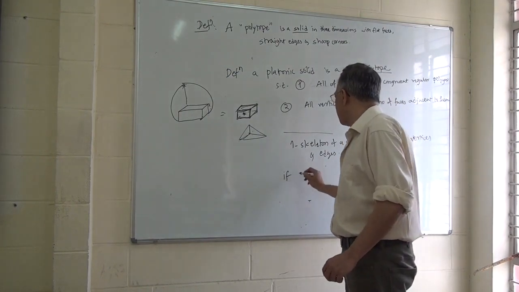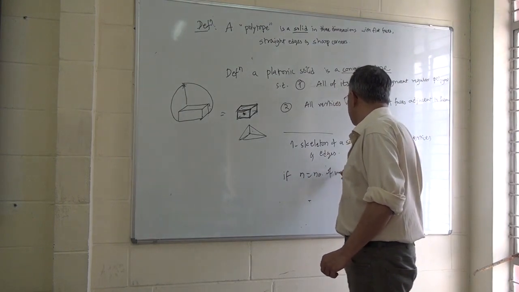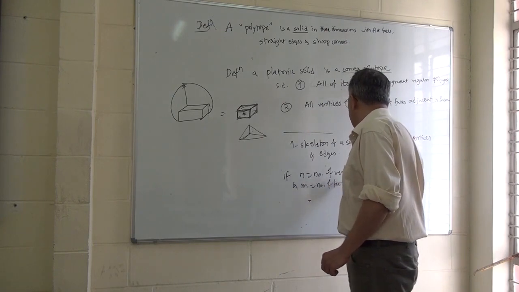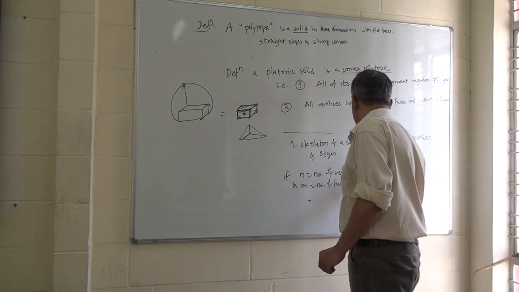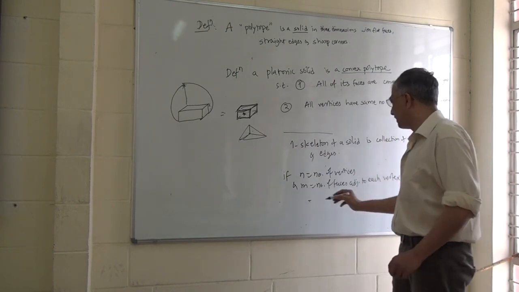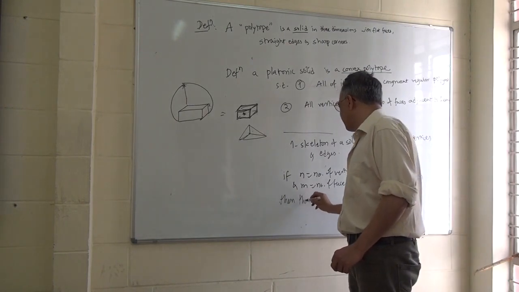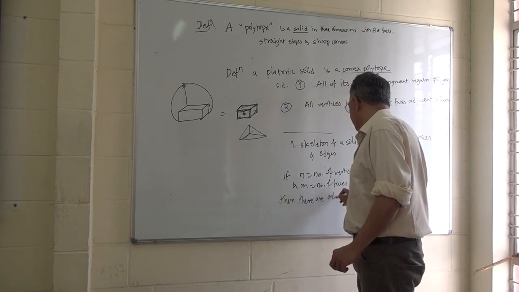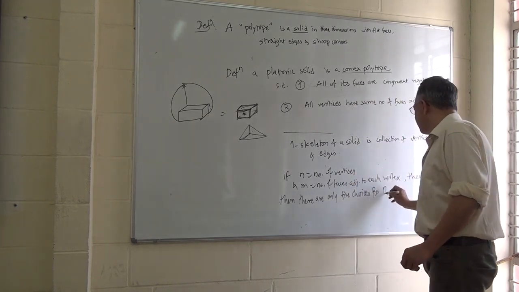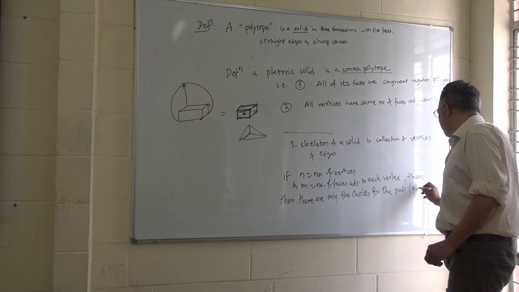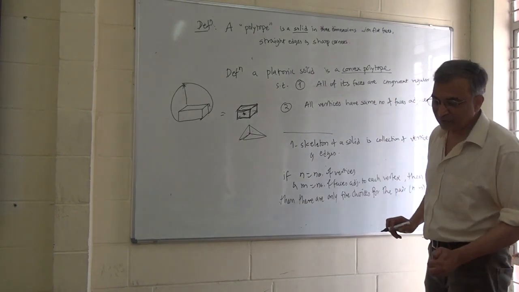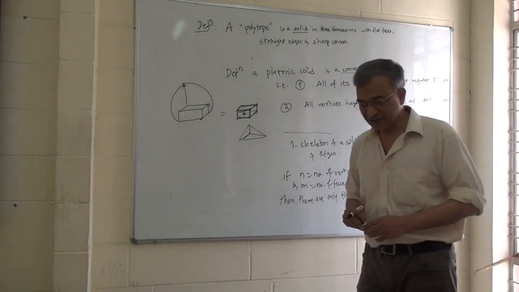So if n equal to number of vertices and m is equal to number of faces adjacent to each vertex, then there are only 5 choices for the pair n, m. This is a tremendous classification of Platonic solid, one of the very striking applications of graph theory.